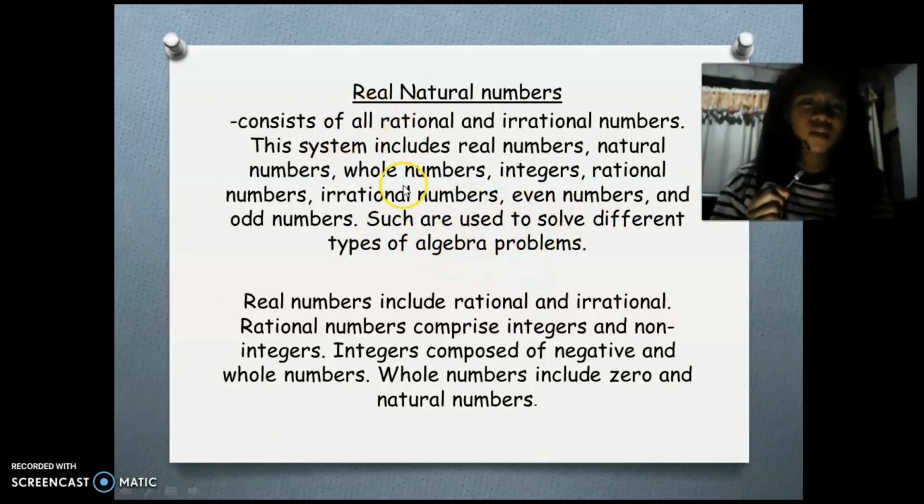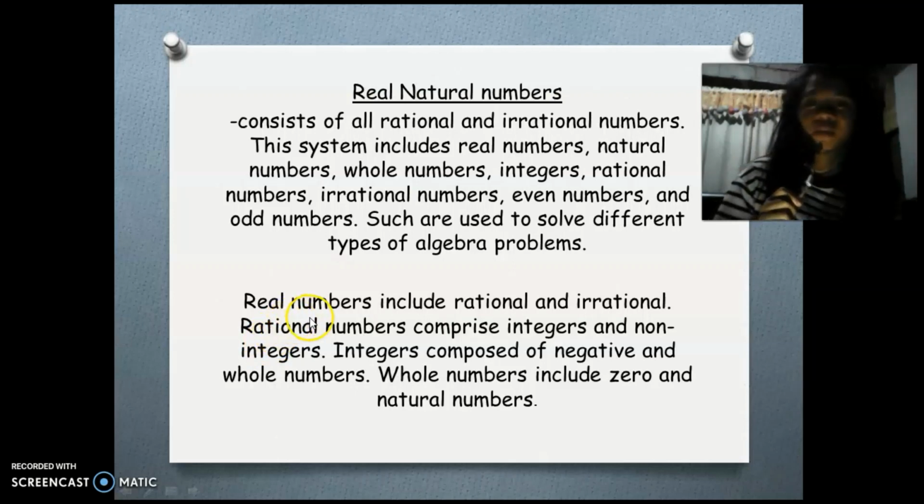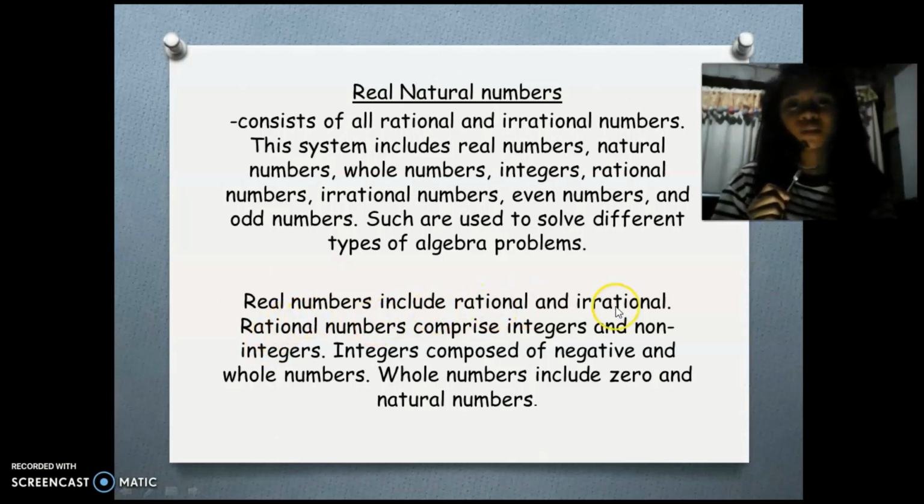When we are solving algebra, we do not always totally recognize what types of numbers we are dealing with. So the real numbers include rational and irrational numbers. Rational numbers comprise integers and non-integers.